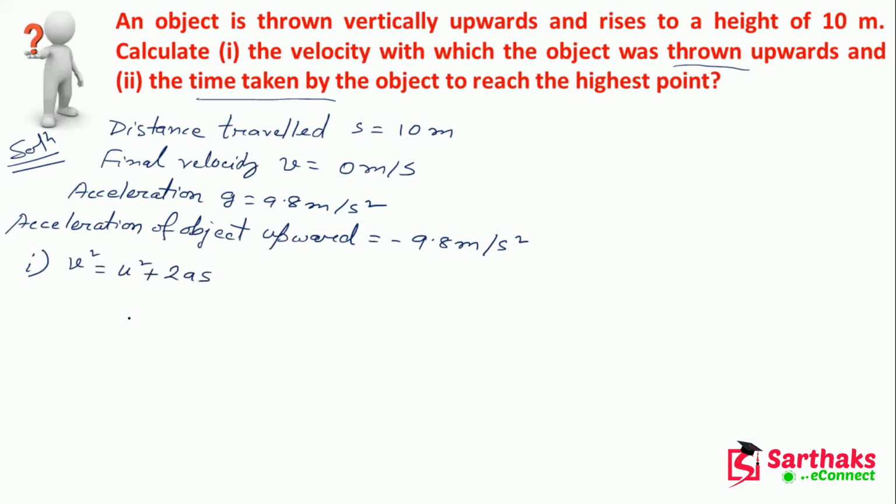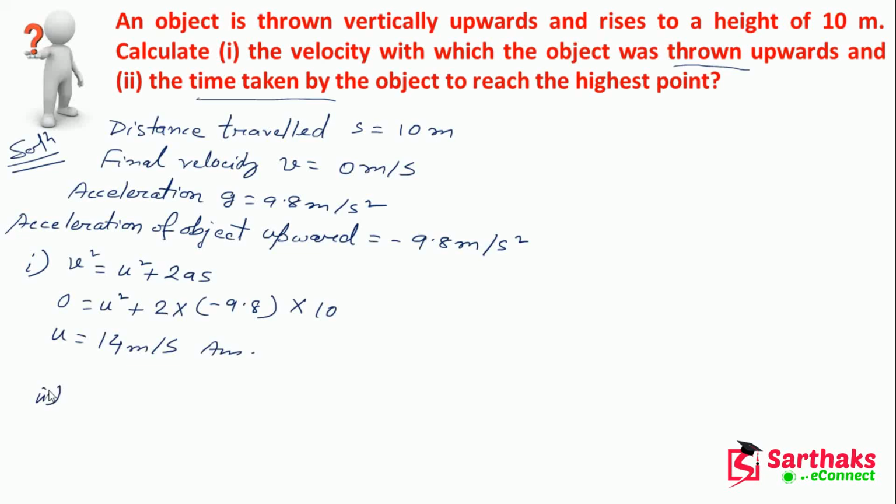We can use this formula only if we change the sign of the acceleration here. So v is 0, u square plus 2 into acceleration minus 9.8, and here you have 10 meter. So from this equation, u will be 14 meter per second. This is one answer.